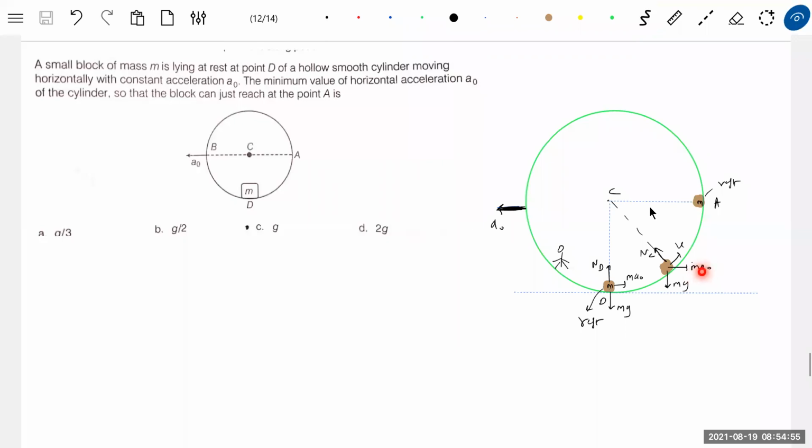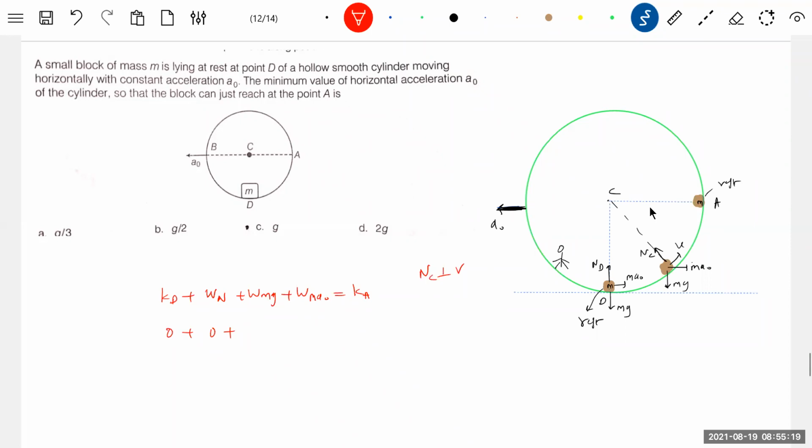Pseudo force is not a conservative force, no? So we'll go for the work energy theorem. Initial kinetic energy plus work done by normal contact, work done by weight, work done by pseudo force equals final kinetic energy. It is at rest. Work done by normal contact is 0, because normal contact always acts perpendicular to velocity.